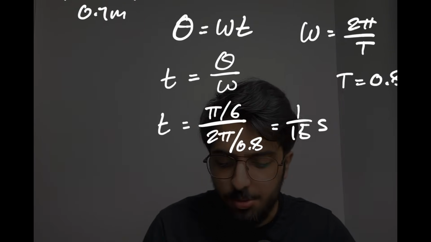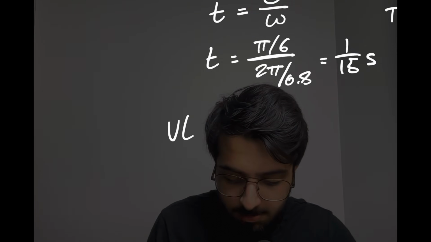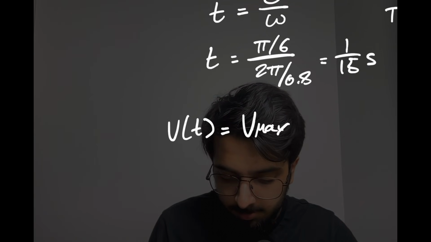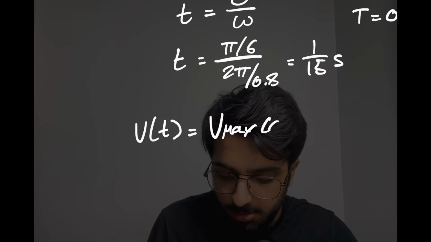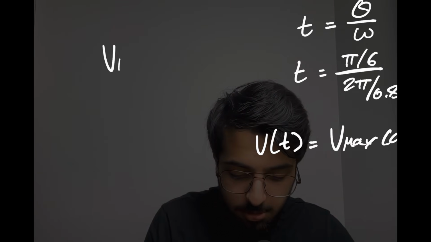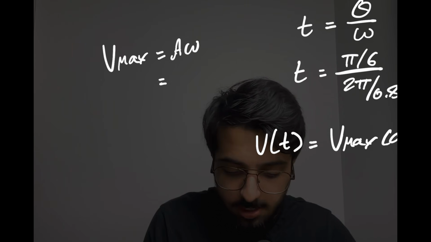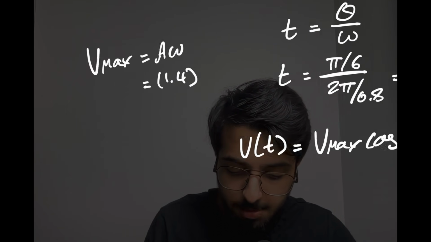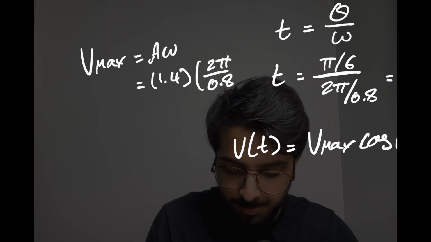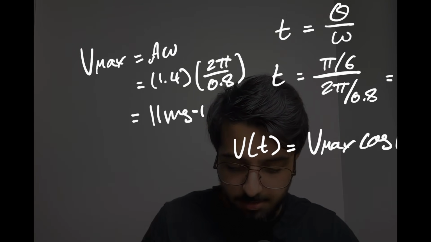And then from there we can use the equation that we found, where v of t is equal to vmax cos omega t. We know our vmax is the amplitude times omega, so that is 1.4 times omega, which is 2 pi over our period of 0.8, and that is equal to roughly 11 meters per second.